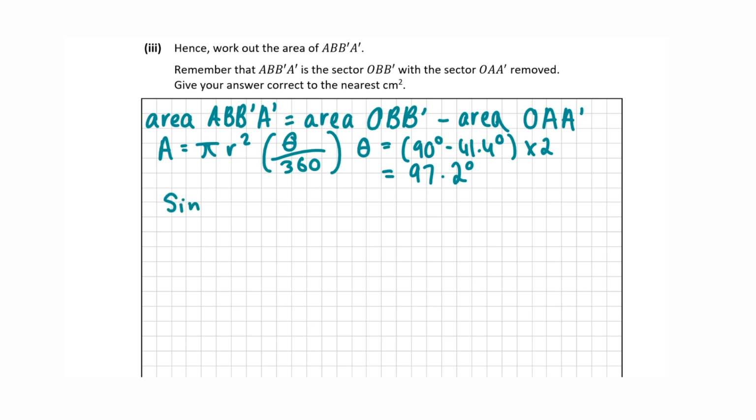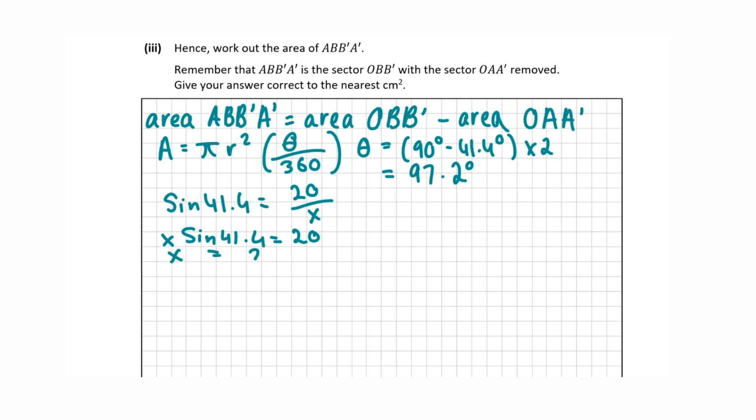So this is going to be sine 41.4 is equal to 20 all over the side that we labelled x, which is our radius. So now I'm going to take my x across, it's going to get multiplied. So it's going to be x sine 41.4 is equal to 20. So now we don't want x sine 41.4, we just want x on its own. So our sine 41.4 is going to come across, it'll get divided.